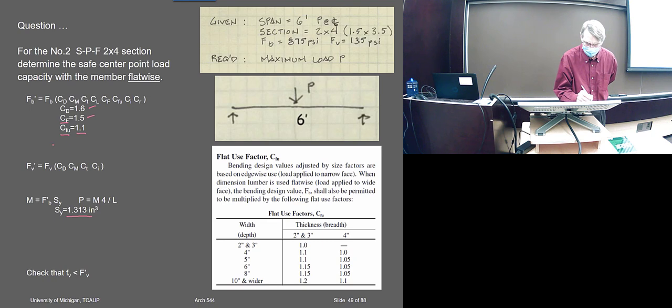So this goes to, oh shoot, I should have brought my calculator. You're going to have to calculate this for me. This would be 875 times 1.6 times 1.5 times 1.1. What does that give us?